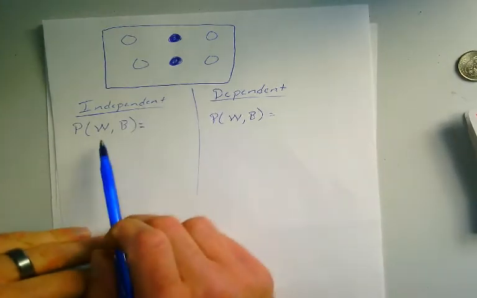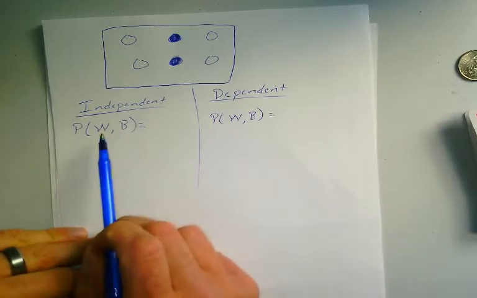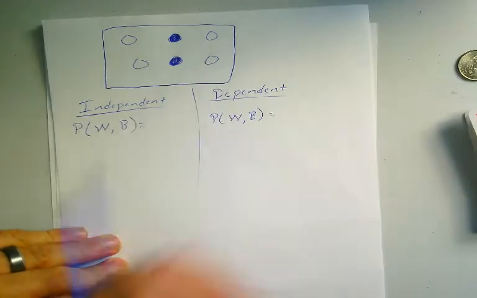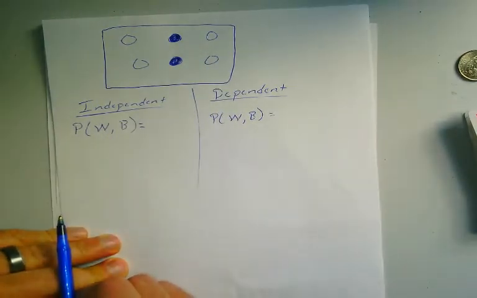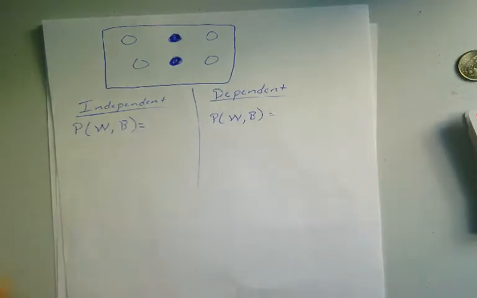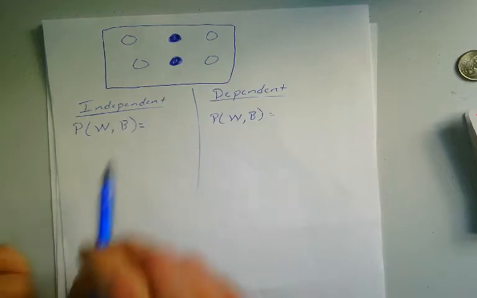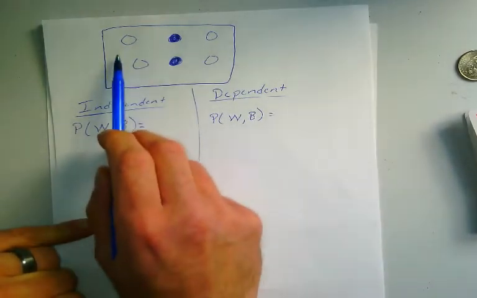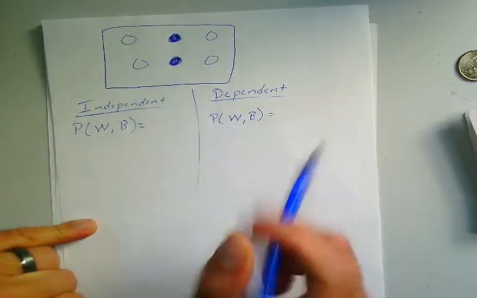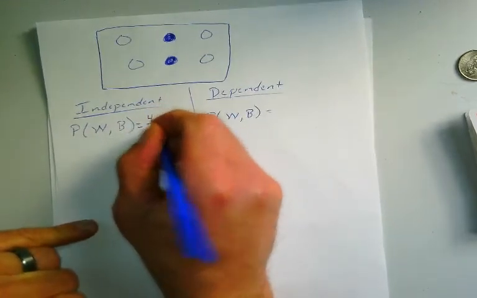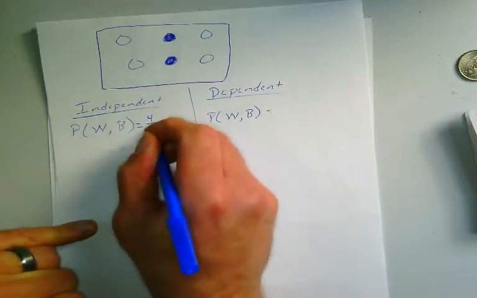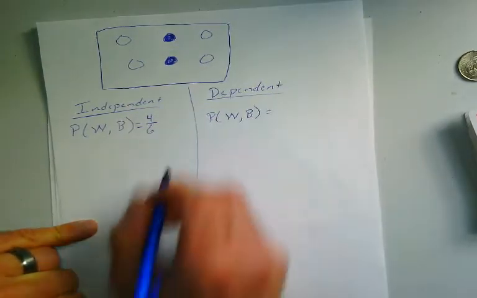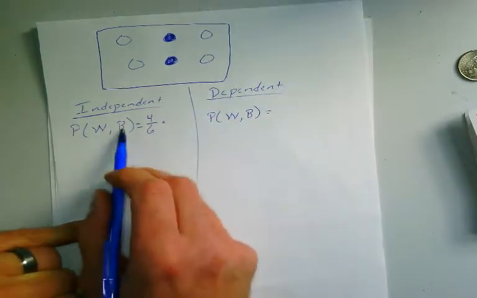What's the probability that I draw a white marble, put it back? So I always have 6 possible marbles, and then on my second draw I draw blue. The probability of me getting a white marble is 4 out of 6 possible marbles. Now I need to multiply that by the probability of getting a blue.